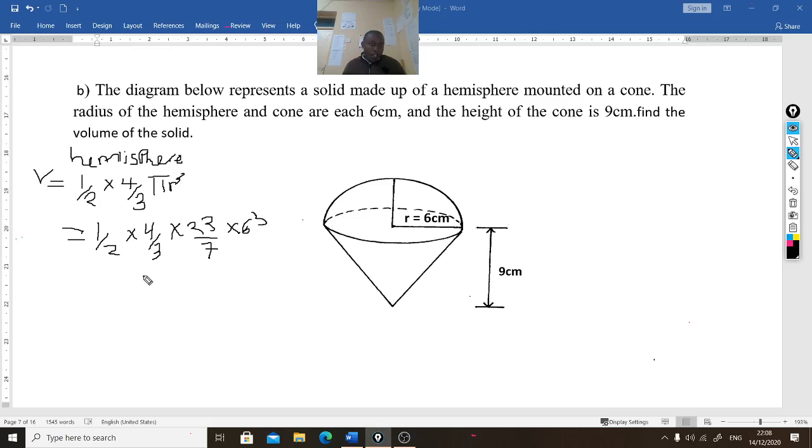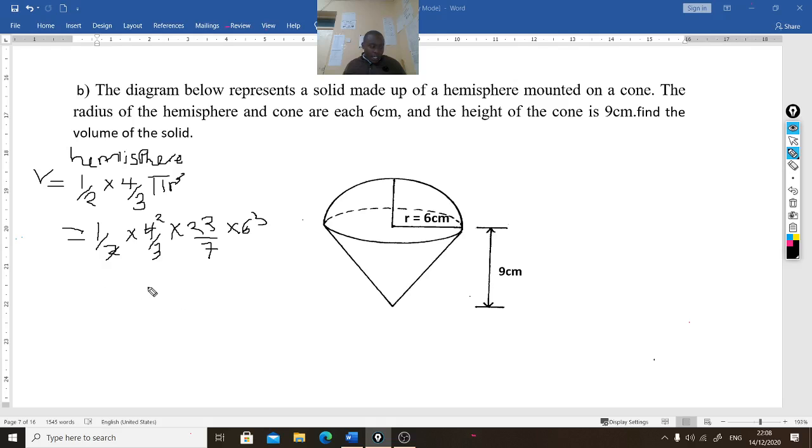So if you multiply all of these, because I have this 2 here, we shall have 44 times 6 cubed all over 21.